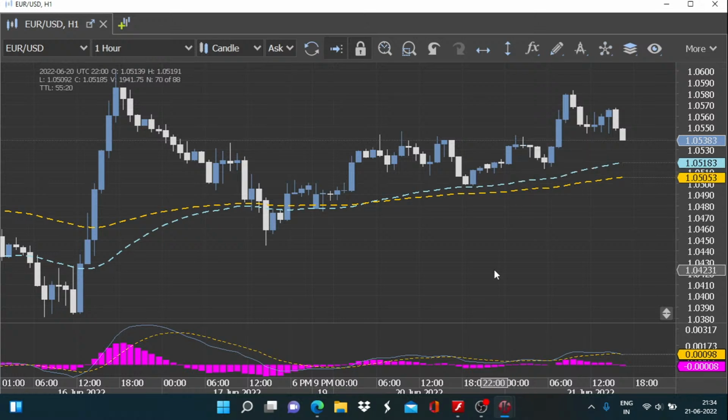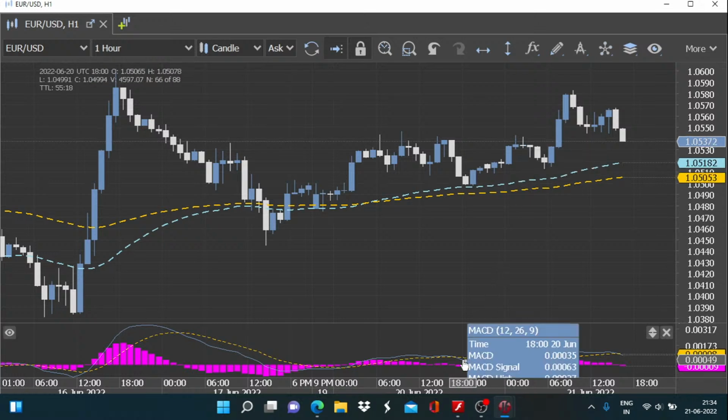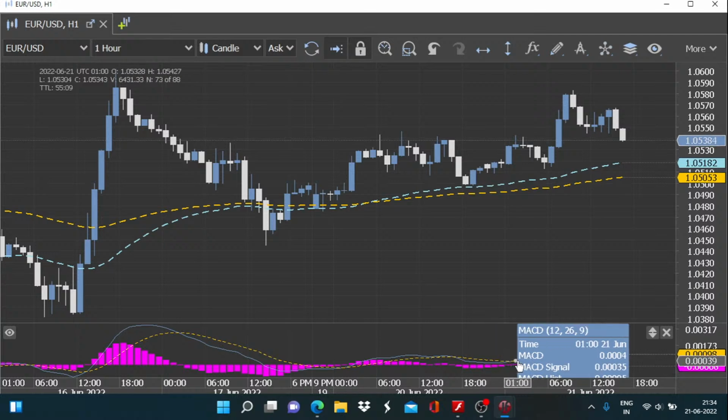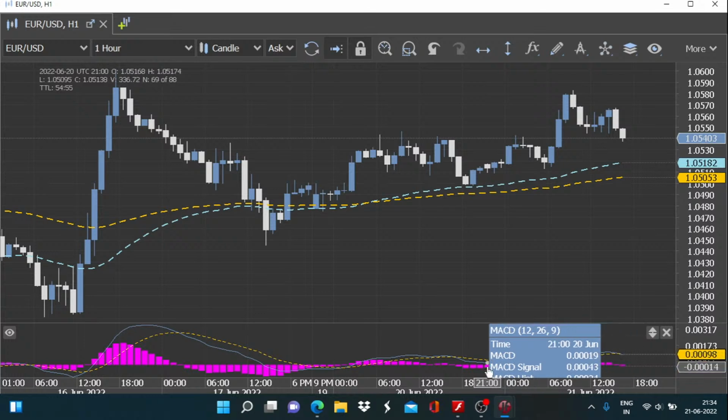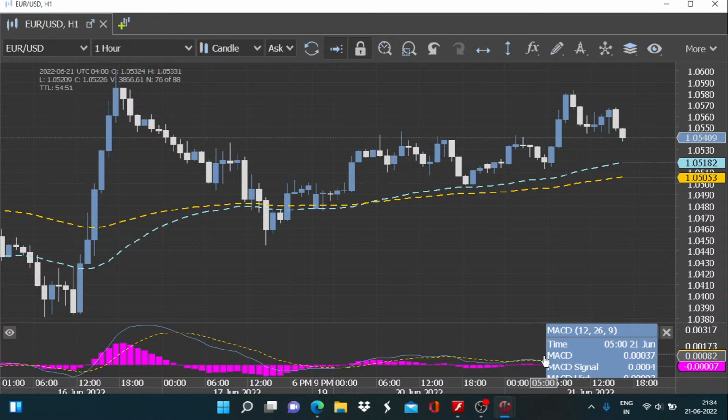And then we expect some correction to have happened in the underlying instrument, which has pushed the MACD line below the MACD signal line, and in the last 1 hour it is now rising again. It is crossing above the MACD signal line, and that will be the indication that this might be the opportunity to go for a new trade. So that's what our formation is all about.